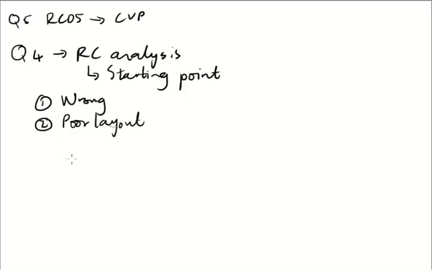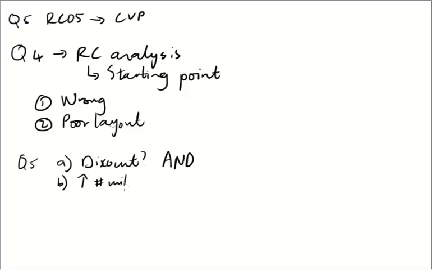Okay. So question 5 asks us, to what extent can we vary, or should we vary, the discount amount in order to be indifferent, and to what extent do we need to increase the number of units sold to be indifferent?